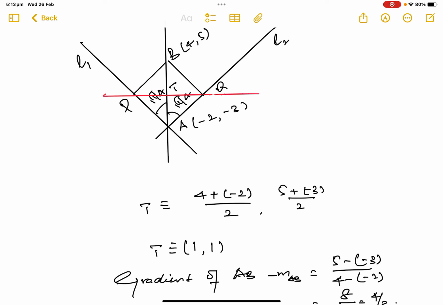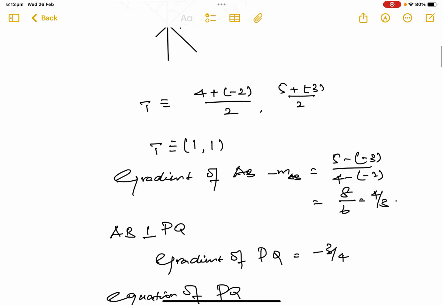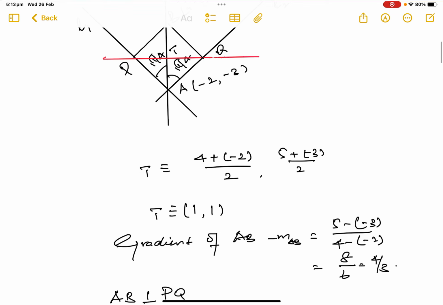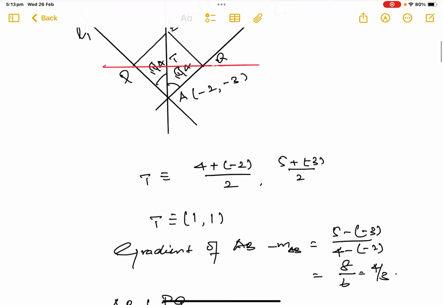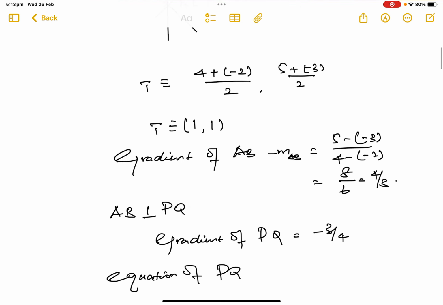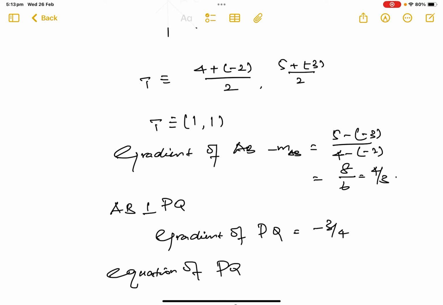So the coordinates of T, where the lines PQ and AB intersect, are (1, 1). The gradient of AB we know because we know the 2 points: the y-coordinate of B, 5, minus the y-coordinate of A, -3, divided by 4 minus -2. So 5 plus 3 is 8, 4 plus 2 is 6, 8 over 6, 4 over 3.